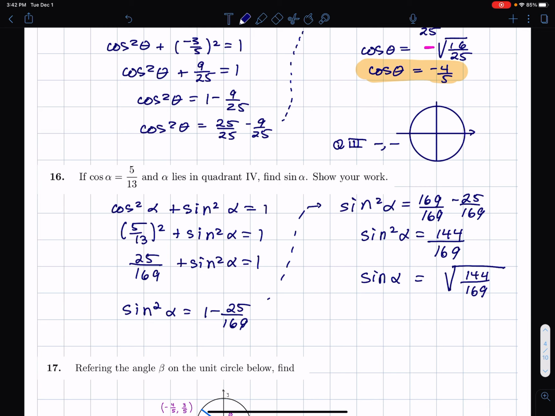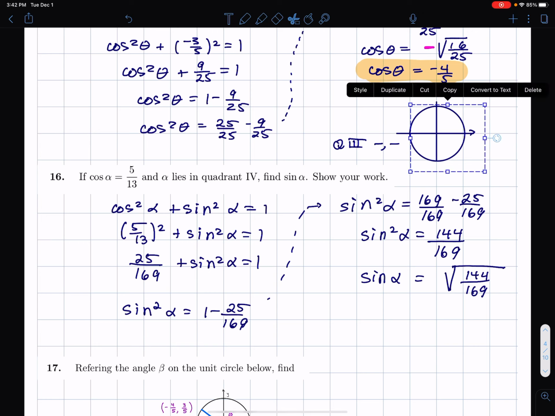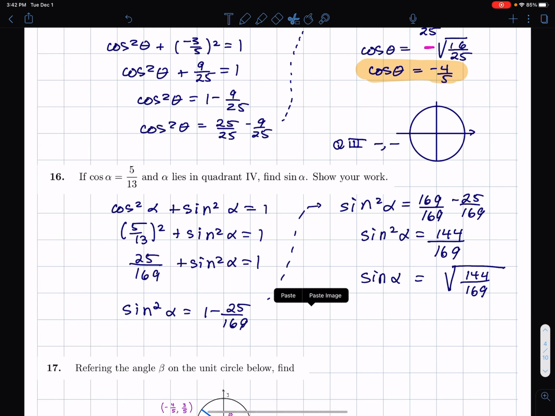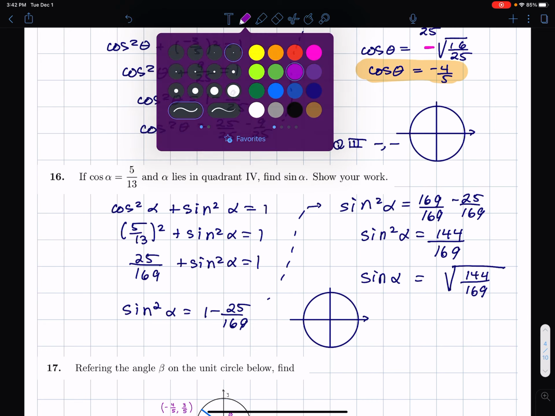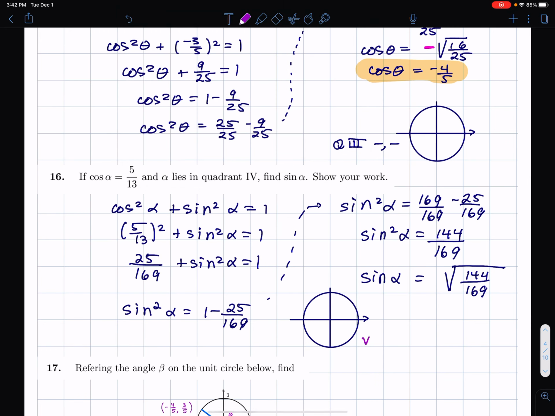However, again, I need to determine whether sine is going to be positive or negative, and that depends on the quadrant. So we're looking at quadrant 4. In quadrant 4, the cosine is positive and sine is negative.